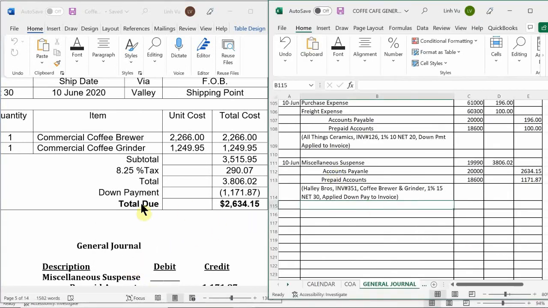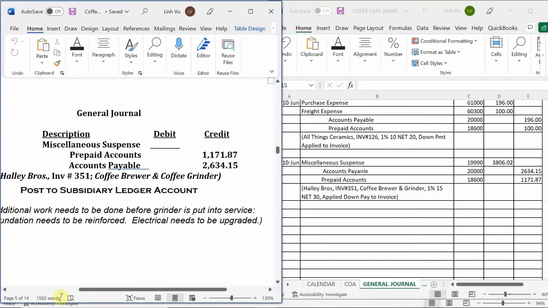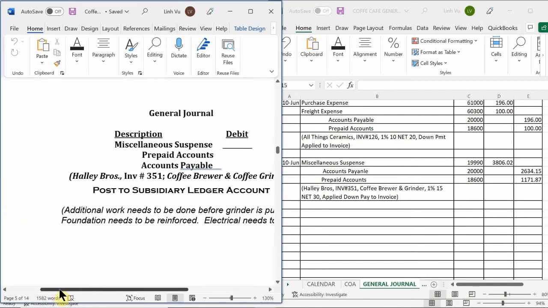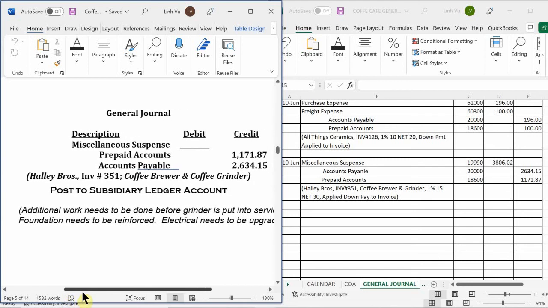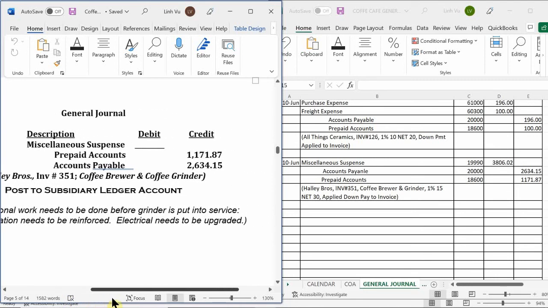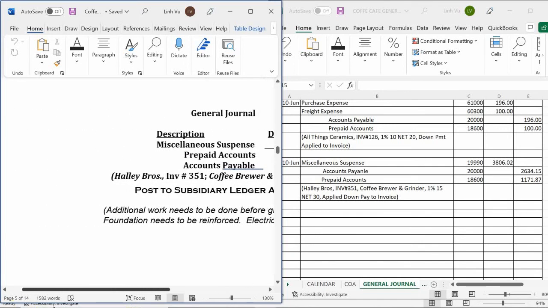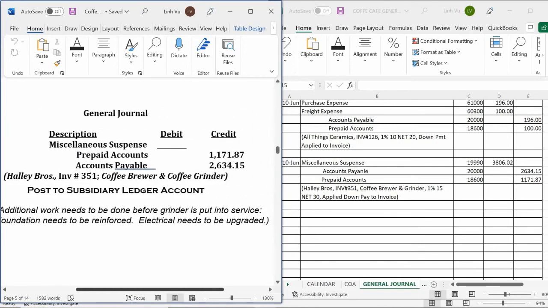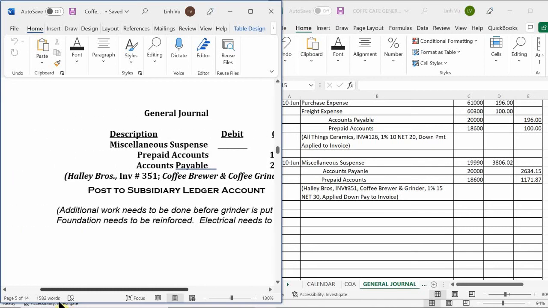We already did the purchase order, so we're good to go. Like I mentioned, we're going to need to do some extra work for the coffee grinder. We need to do a reinforcement for the foundation, and then we also need to create electrical wiring so it can be plugged into the wall.